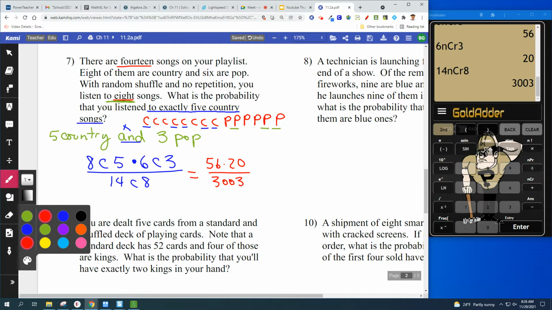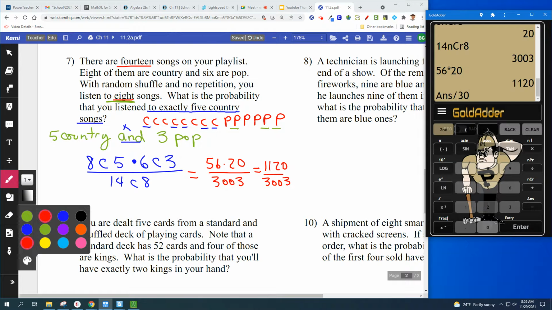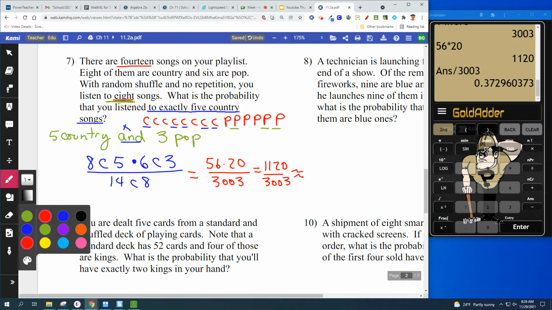So 56 times 20, 1120 over 3003. You can do this. I know this is new to you, but they're all very similar to this problem. 0.3730. Okay? So just think about pretty much all of the questions are some variation of this. It always goes back to part over total, though.